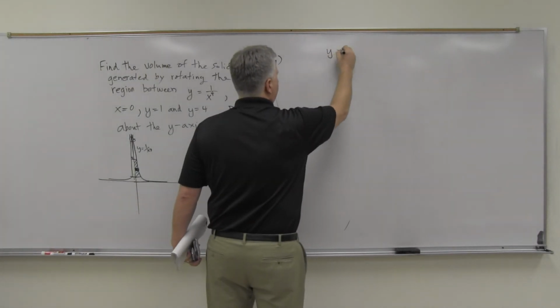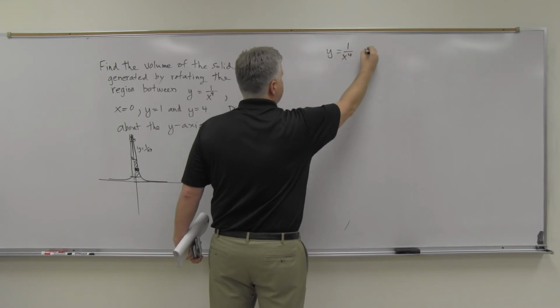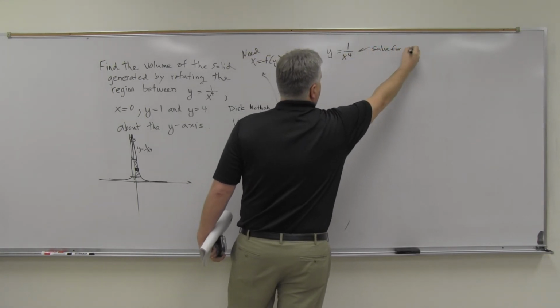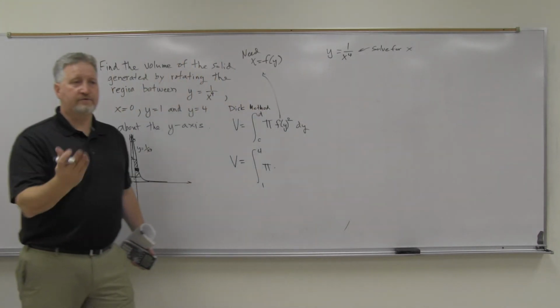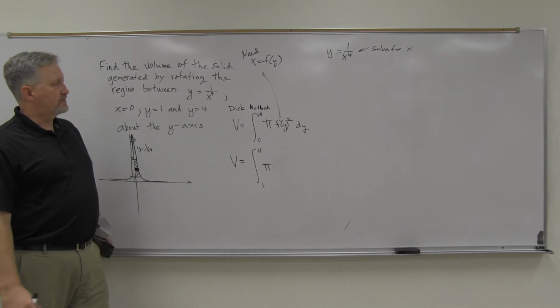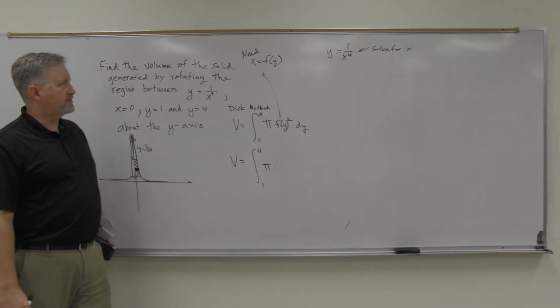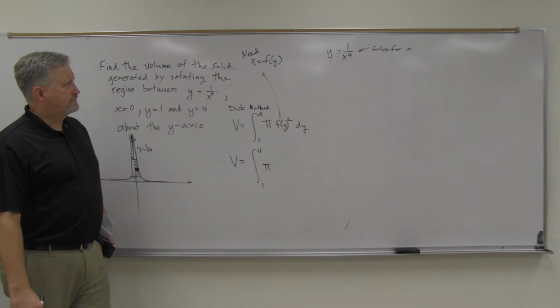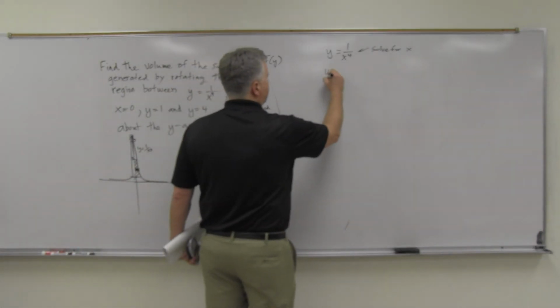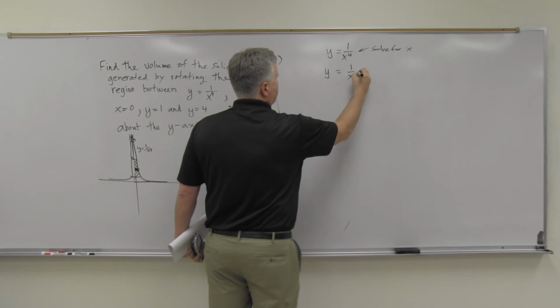How would I do that? Well, y equals 1 over x to the 4th. I just solve it for x. Instead of y equals, I need x equals. Sometimes we have to do that. So we've got to adjust that equation a little bit. I'd multiply both sides by x to the 4th.